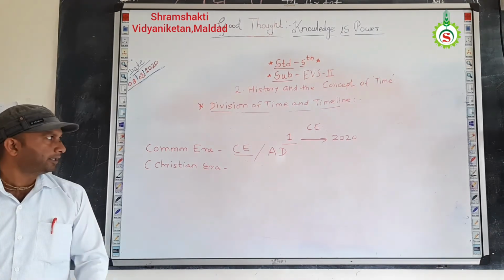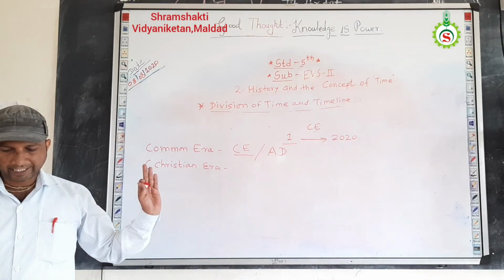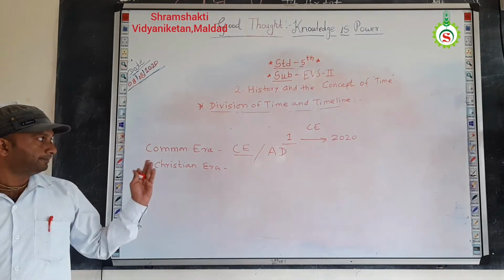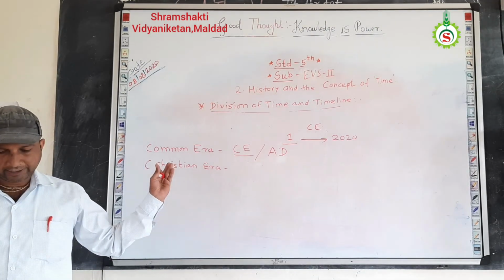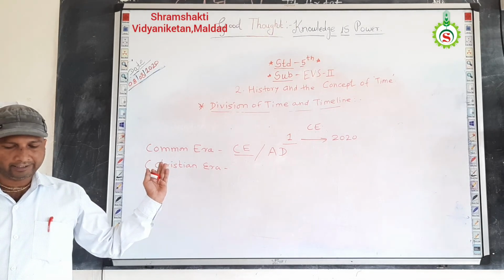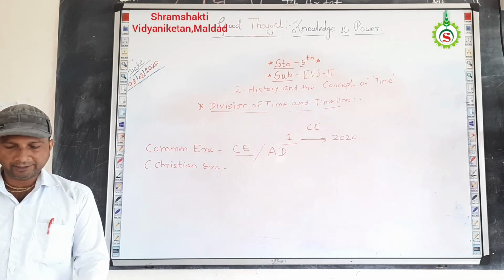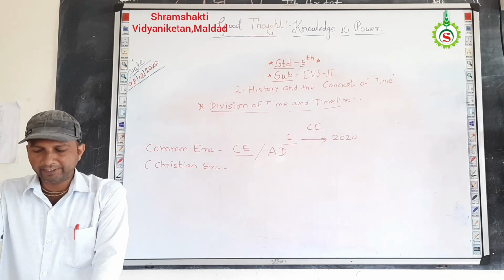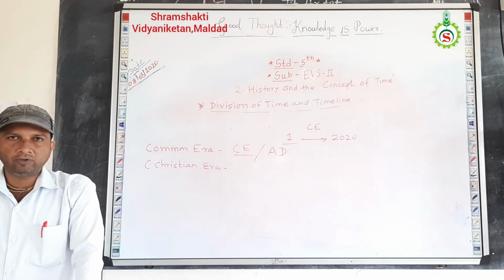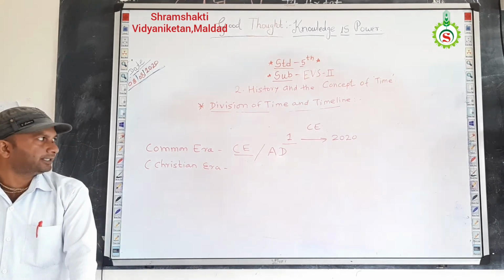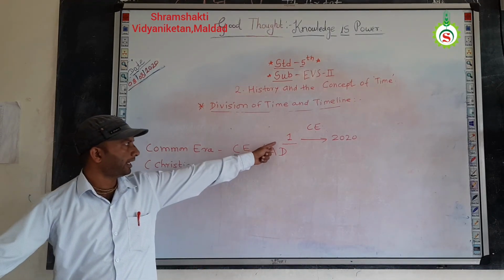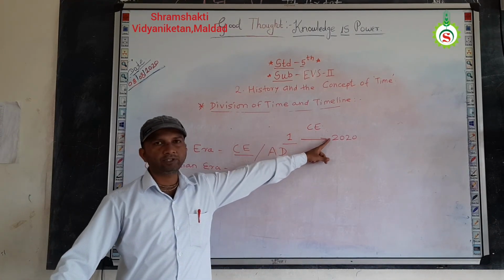This time starts from the Christian era, that is Jesus Christ, and it is in the memory of Jesus Christ. The first year of this era is the year when it began. From that time the first year started to be measured, and so now it is 2020 years.